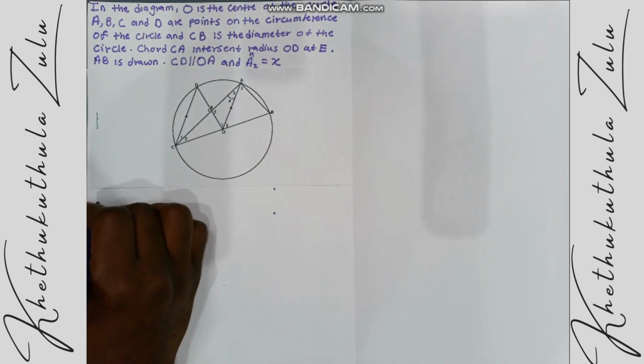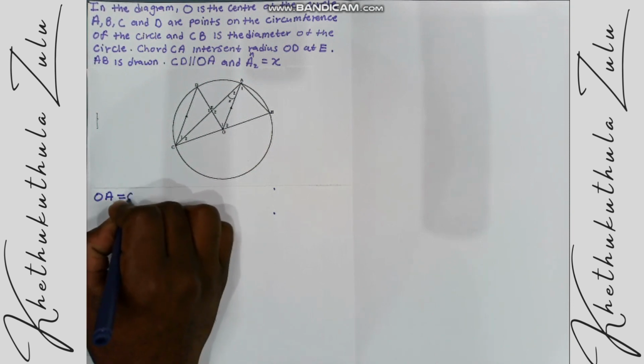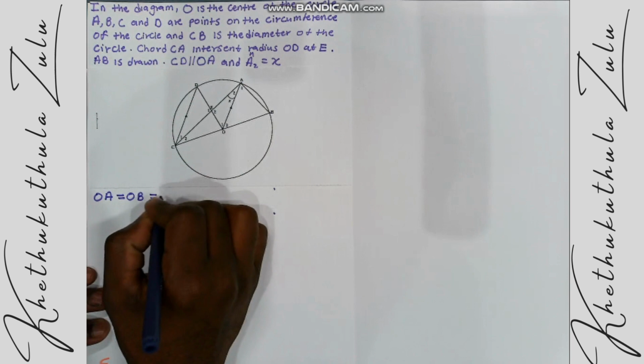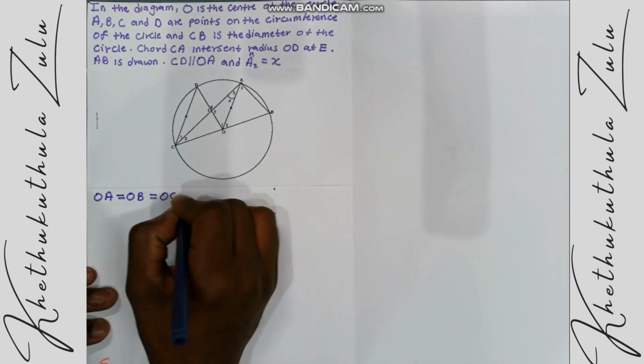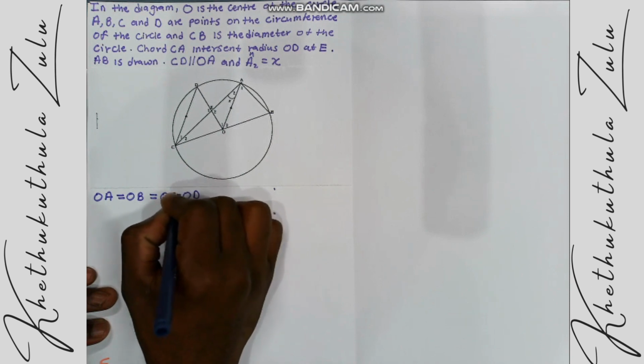So you can just write that OA equals OB equals OC equals OD.